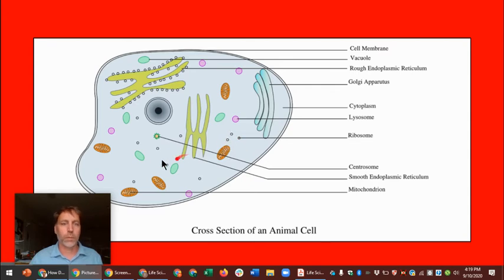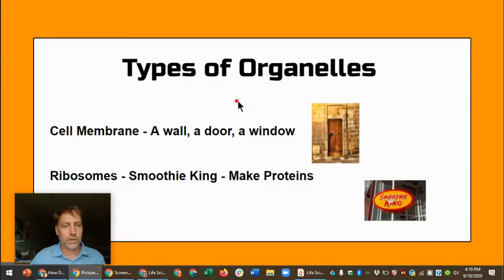There are several ribosomes, and they might be in several places on the cell. Specifically, one of their jobs is to sit on the endoplasmic reticulum. It's called the rough ER. It's rough because it has these little bumps on it of protein-making ribosomes. So that's what ribosomes do: they make proteins inside the cell.